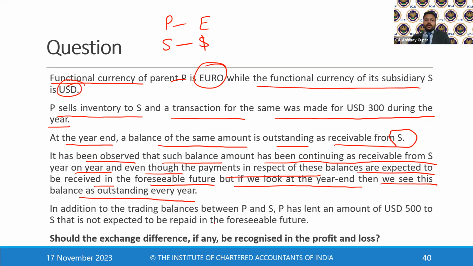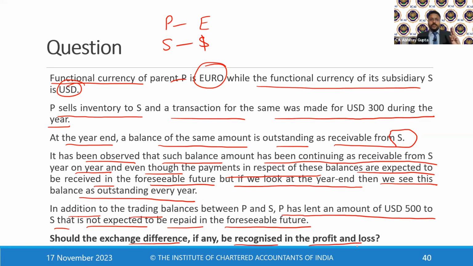So they are continuously outstanding. In addition to the trading balance, on account of this transaction between P and S, P has also lent an amount of USD 500 to S that is not expected to be repaid in the foreseeable future. Should the exchange gain or difference, if any, be recognized in the P&L?